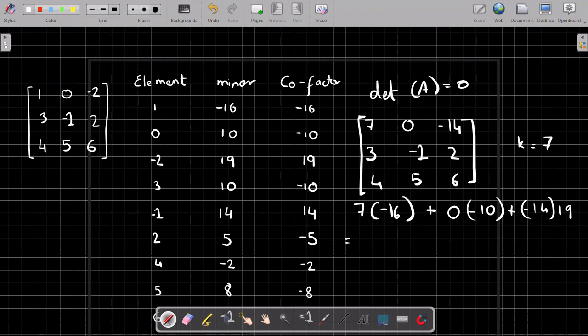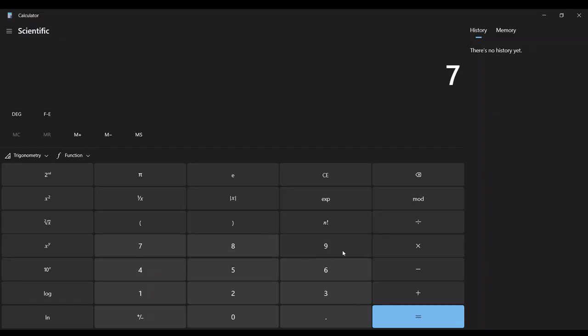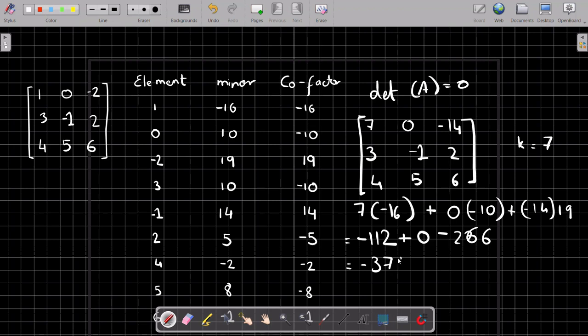So if I do a quick calculation, the sum is minus 378, which is exactly equal to 7 times minus 54.